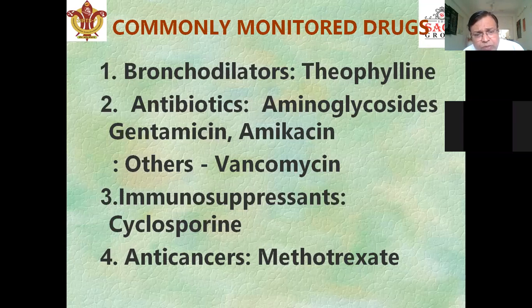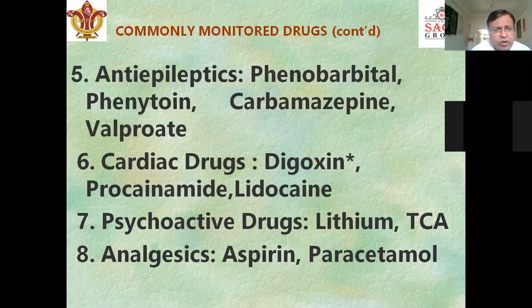Next are immunosuppressants, like cycloserine; anti-cancer drugs, like anti-metabolites, for example methotrexate; anti-epileptic drugs like phenobarbital, phenytoin, carbamazepine, valproate, etc. Similarly, cardiac drugs like digoxin, procainamide, lidocaine, which are included as local anesthetic as well as anti-arrhythmic drugs.